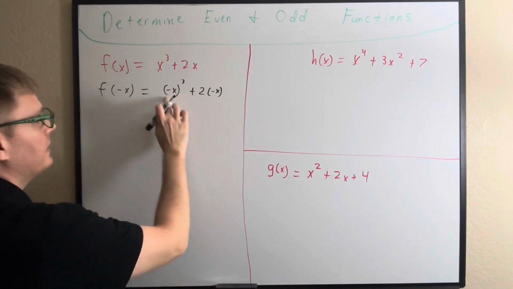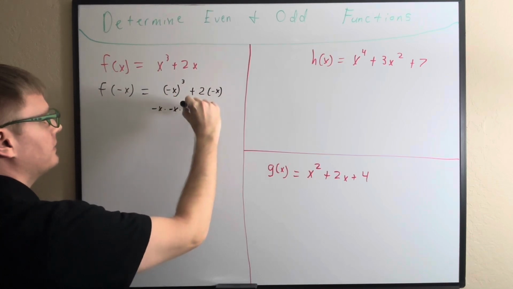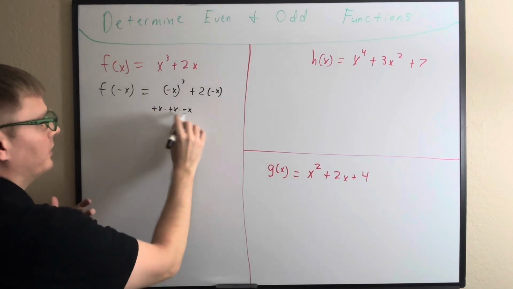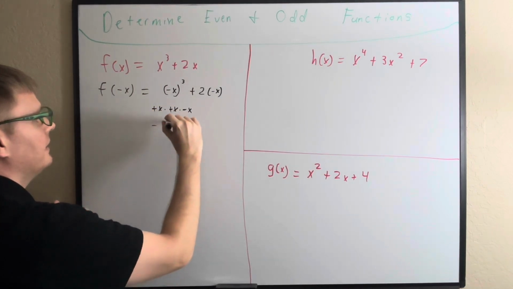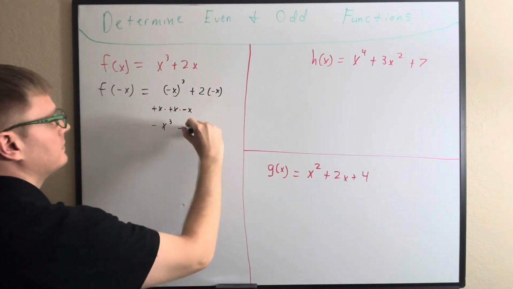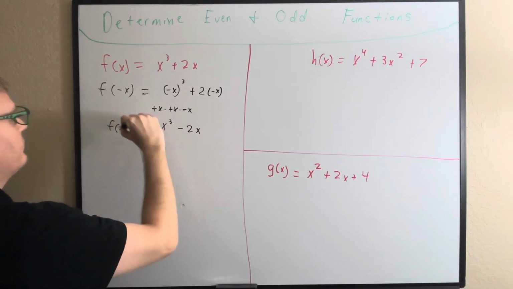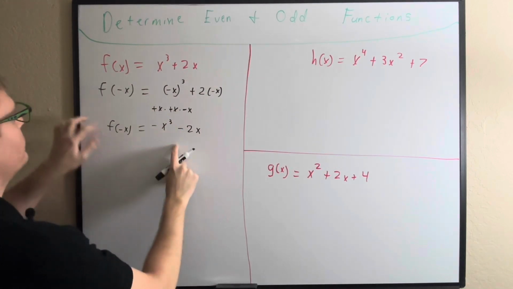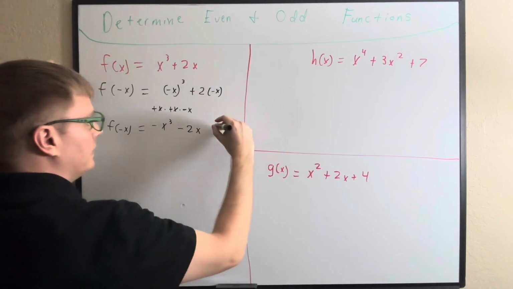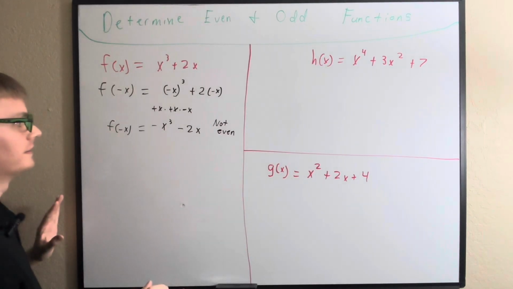So what happens when we take negative x cubed? We have negative x times negative x times negative x. Two of those negatives cancel, but one is left, so we still have negative x cubed. Negative x times 2 is negative 2x. Is f of negative x equal to the original equation? No, it is not. So it is not even.